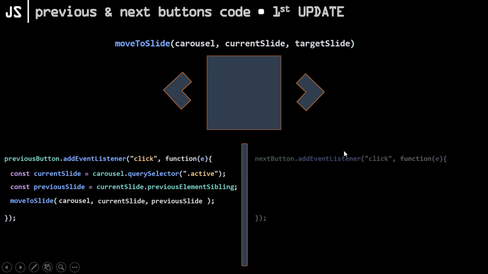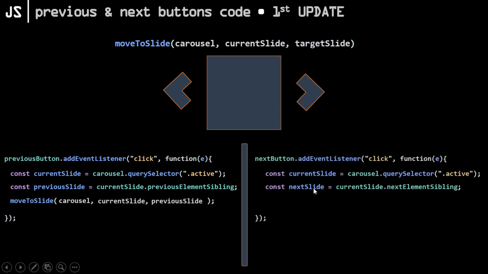Same for the next button. So I'm going to select the current slide, then the next slide, and then use the move to slide function, which takes in here the carousel and the current slide and the next slide.